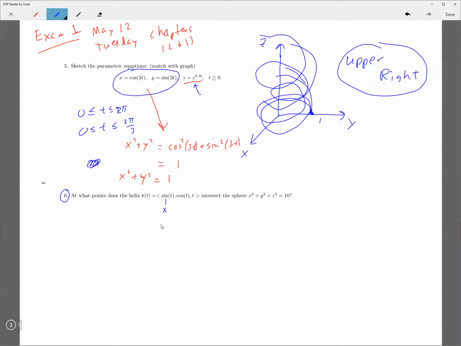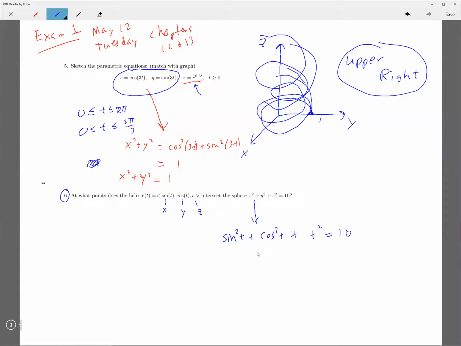This sine t is our x, this is our y, and that's like our z. So if we plug these in here, sine t for x, cosine t for y, and t for z, then we get this.